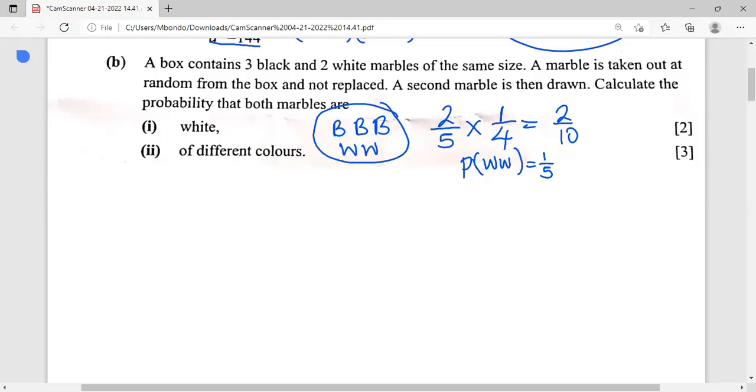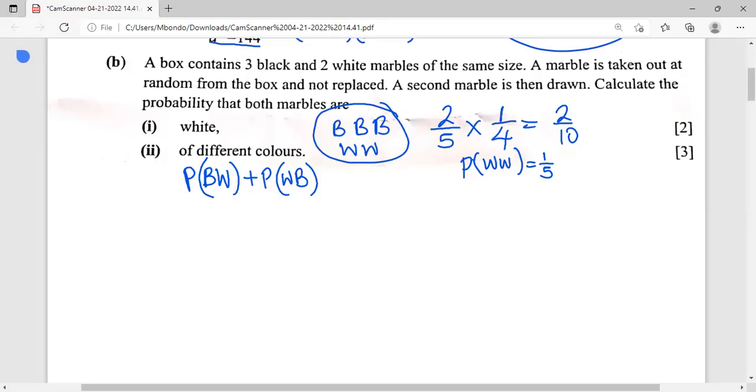We can have a situation where the first one is black and then the second one is white. The second probability is where the first one is white and then the second one is black. So these are the two probabilities that we are going to examine. I hope you are getting me.